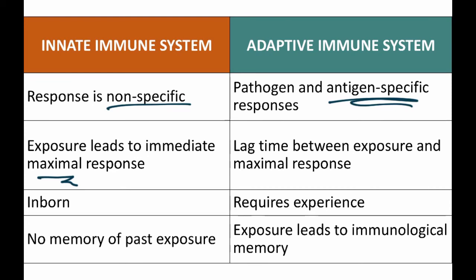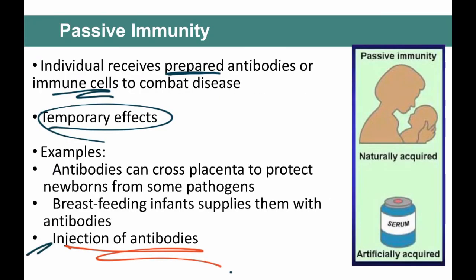The innate immune system is literally innate. It's inborn. You come into the world with it. Whereas the adaptive immune system develops for a particular person in response to specific environments. The innate immune system has no mechanism for memory.